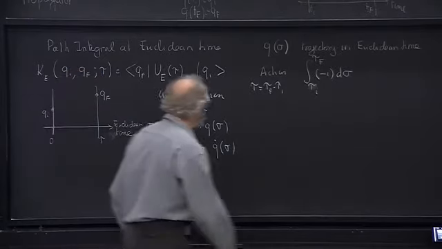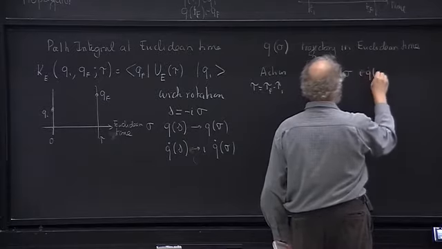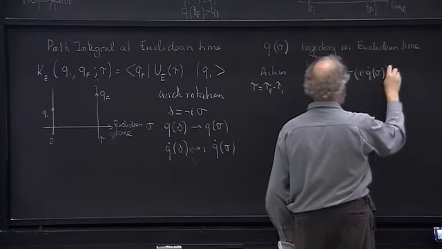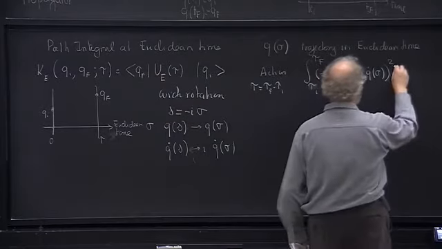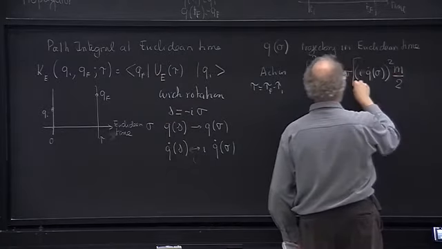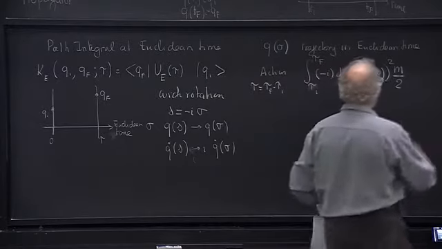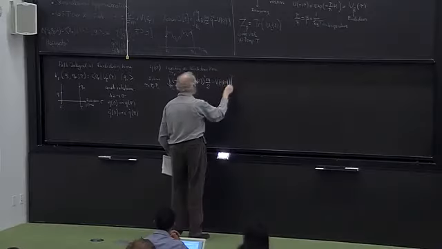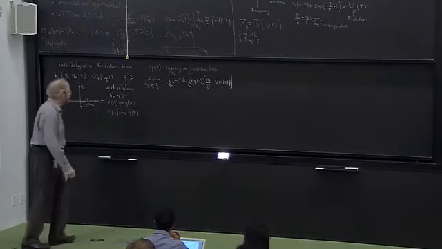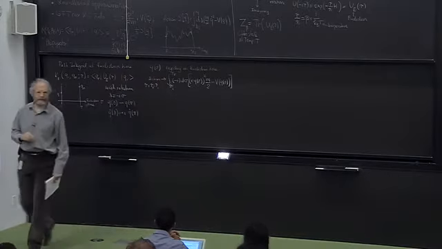Okay, so you get i q dot of sigma squared times m divided by 2. This is for the first term. And now the second term still is minus V of q of sigma, because there is no derivative. So the action transforms into this.